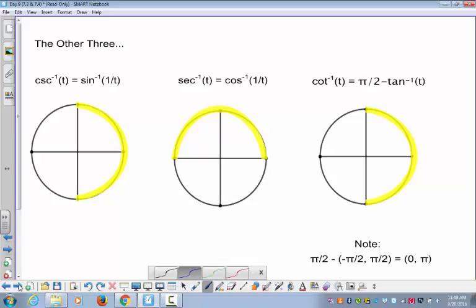The connection between the two is that we can find the inverse cosecant by finding the inverse sine of the reciprocal. So we take the t value, find the reciprocal, and then we can use the inverse sine function. Or you could just go from scratch and say what angle on the right has a cosecant value of whatever it is.